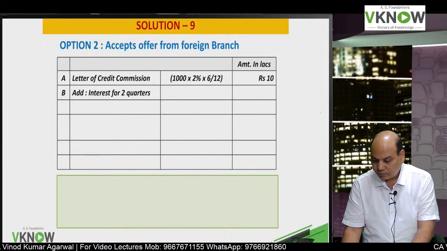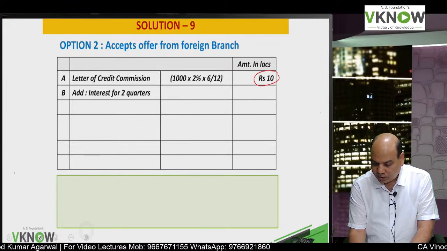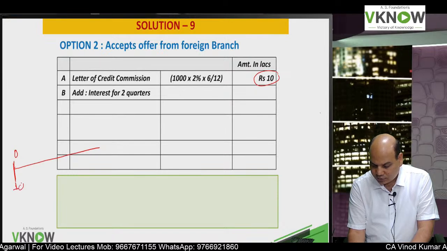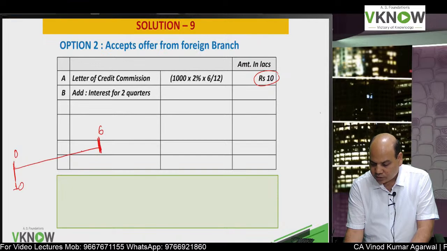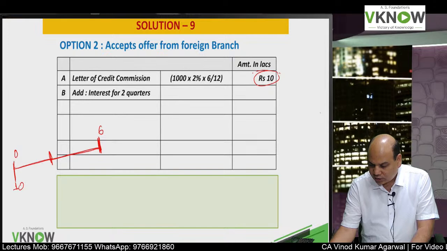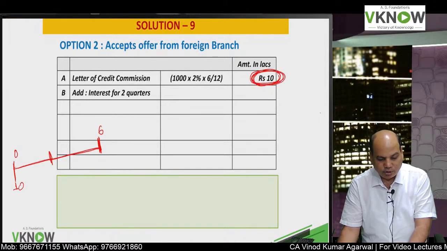Now this amount will be paid today. In year 0, 10 will be paid. But all calculations we are doing after 6 months. You are going to pay this 10 lakh out of your Indian bank account or Indian bank borrowing.